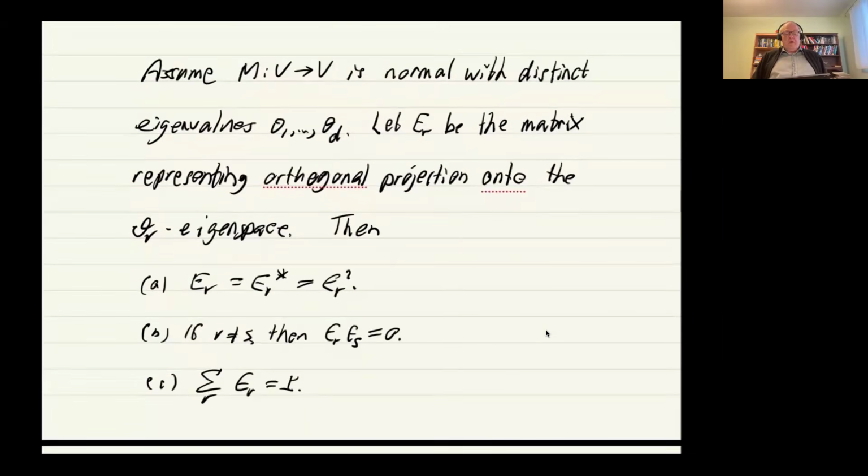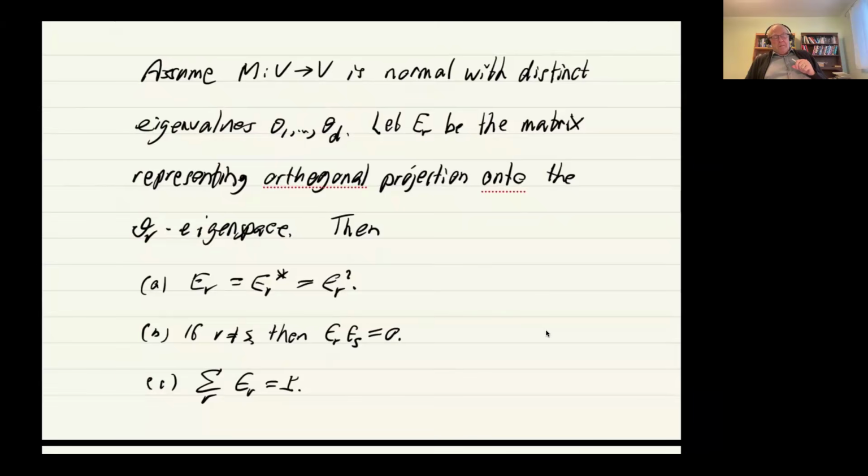I'm going to assume that I've got a normal matrix M with distinct eigenvalues theta 1 through theta d. I'm not assuming all the eigenvalues of M are distinct, so M can be an n by n matrix with only d distinct eigenvalues, and some of these eigenvalues may have multiplicities greater than 1. To each eigenvalue there's an eigenspace, and to each eigenspace there's an operation of projection onto the eigenspace. We let E sub r be the matrix that represents orthogonal projection onto the theta r eigenspace.